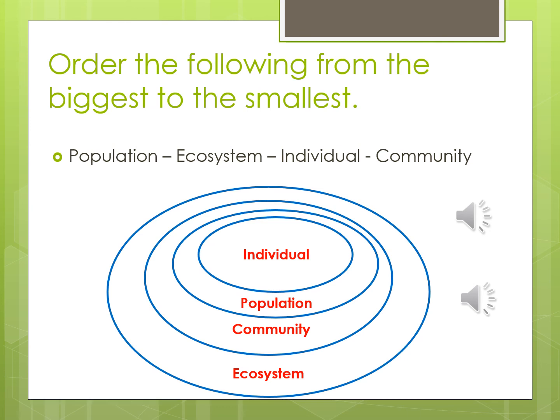And inside this ecosystem, we have the community. We have several communities. The community is a group of living things that are sharing the findings of this place. Inside each community, we have several populations. A population is a group of the same type of organisms that are living together. So, this population is made up of a group of individuals of the same species.